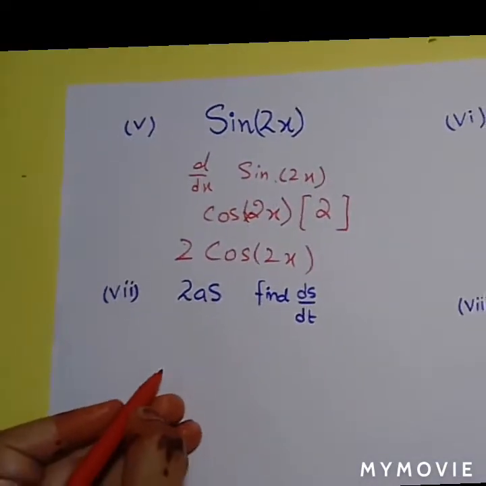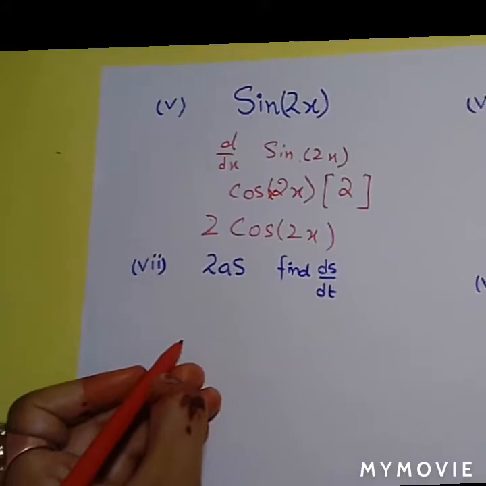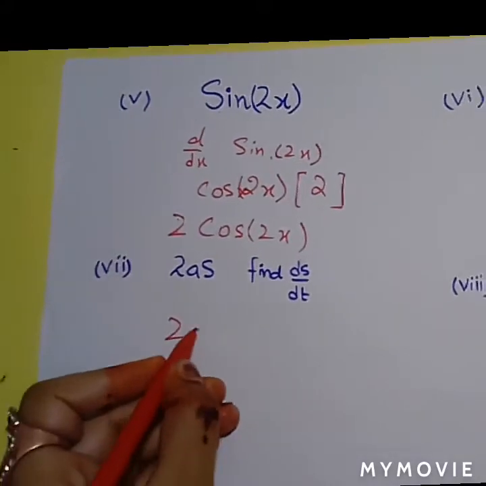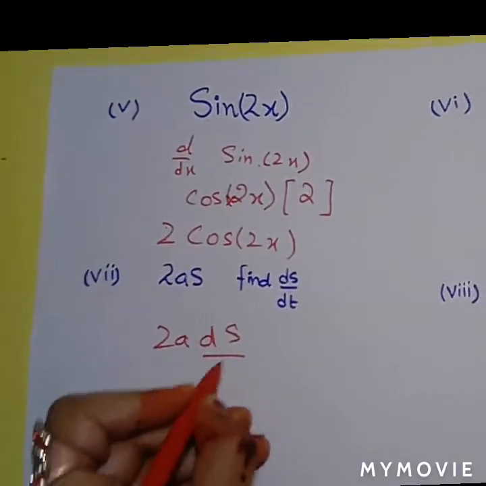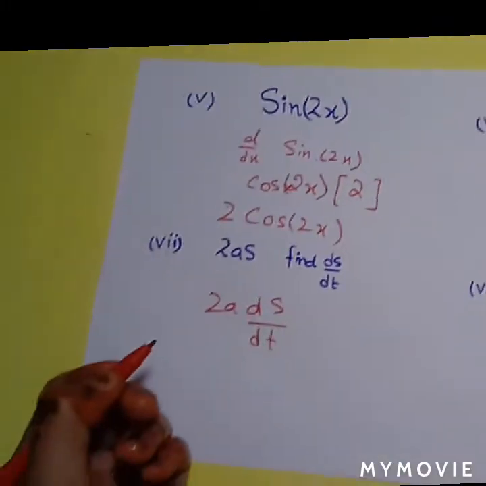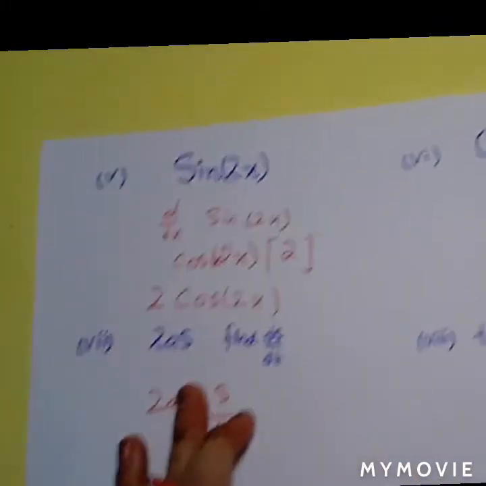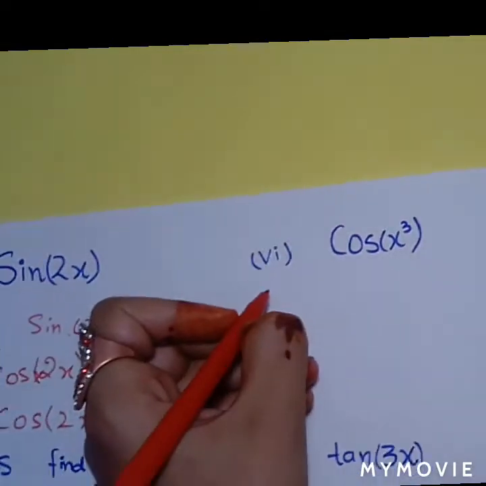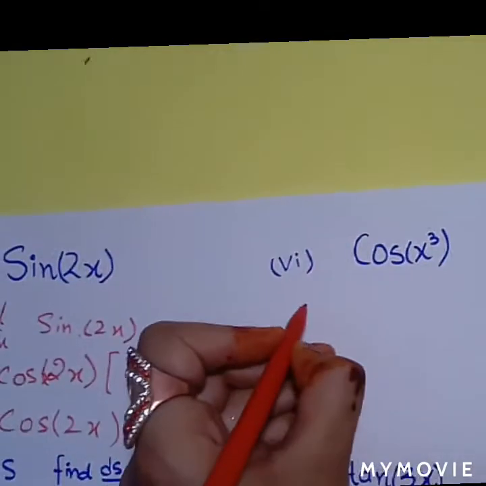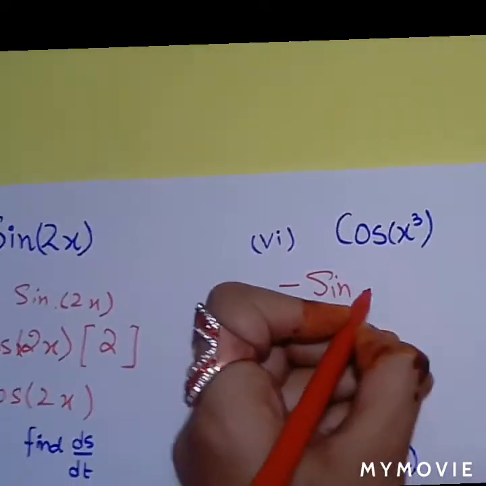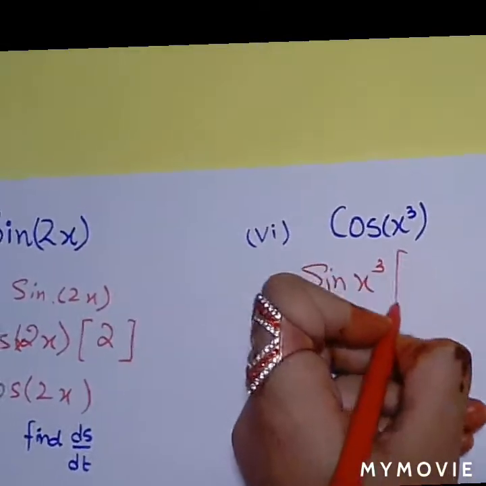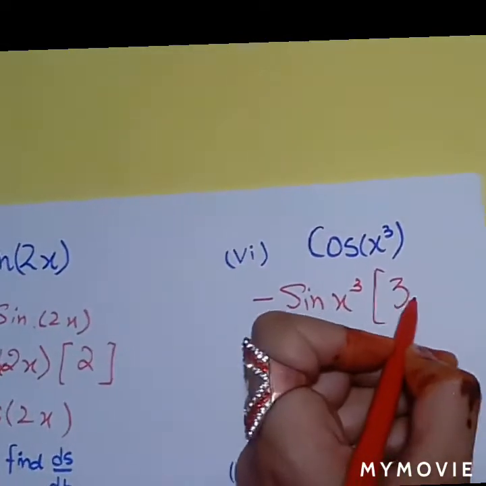Similarly, when we differentiate with respect to t, we get 2 ds by dt because s is a variable and t is another variable. The derivative of cos x cube gives minus sine x cube, and then for the inner derivative we get 3x square.